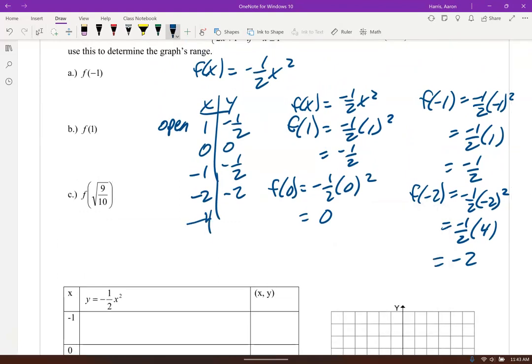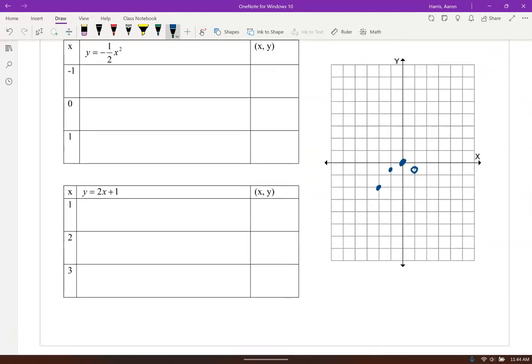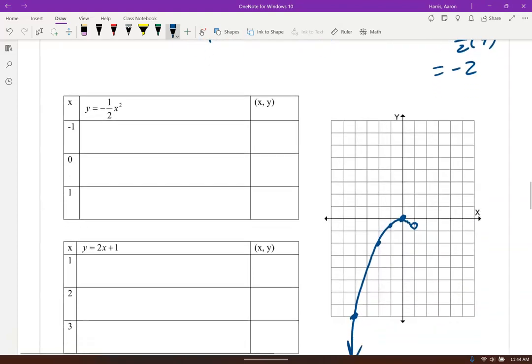Negative 4 squared is 16. Negative 1/2 times 16 is negative 8. So that'd be kind of a good one: 1, 2, 3, 4, 5, 6, 7, 8 right here. Anyways, I could keep going with values, but I can kind of see my quadratic there. That's that part of the piecewise defined function.